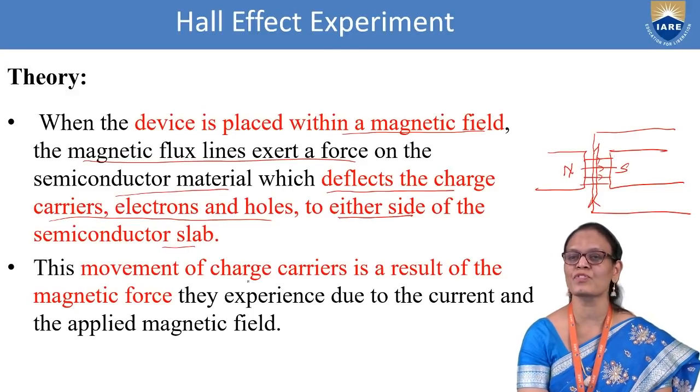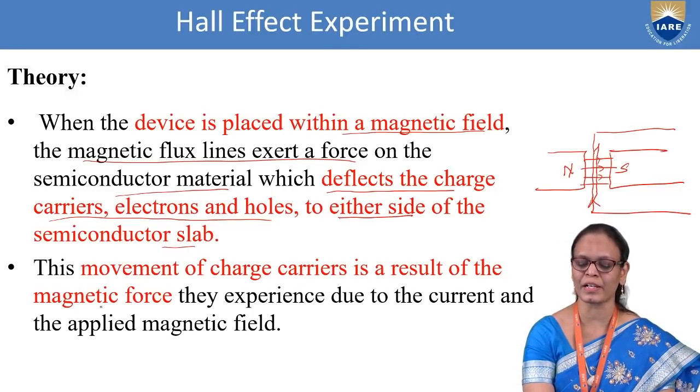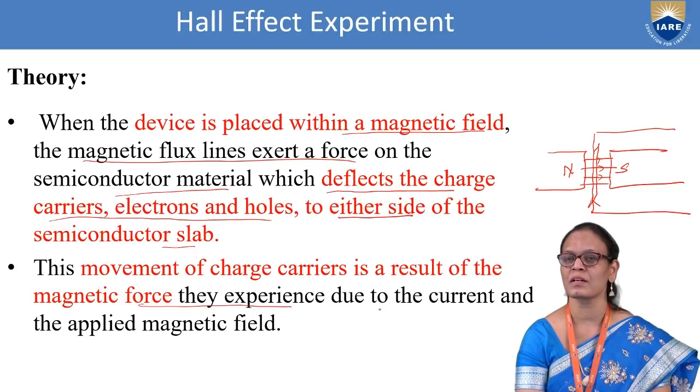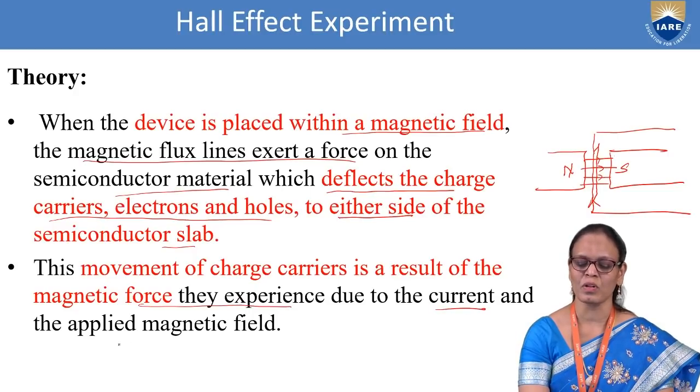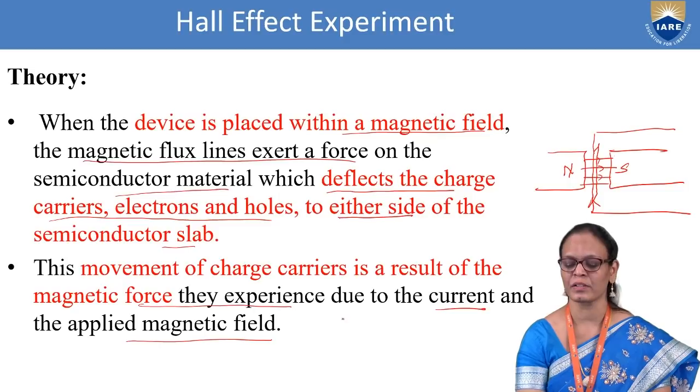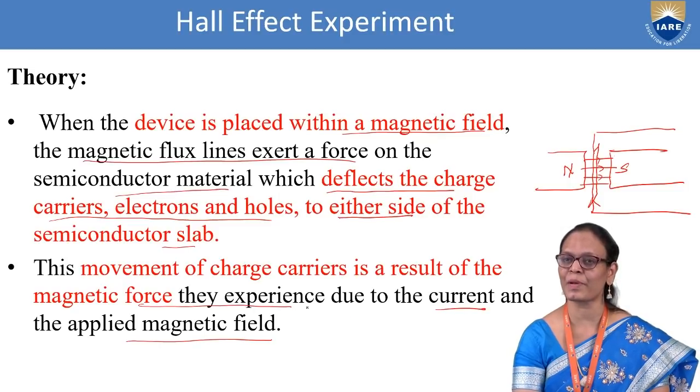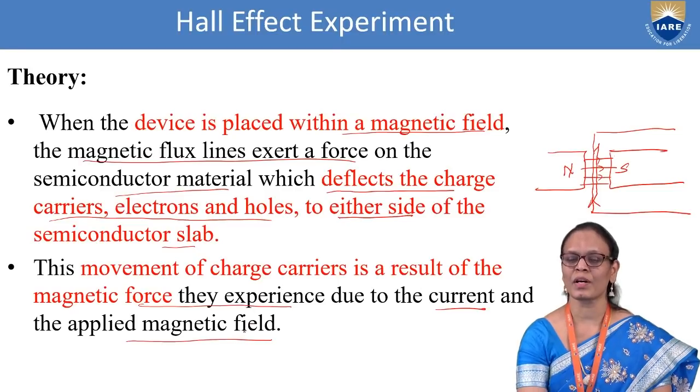This movement of charge carriers is a result of the magnetic force they experience due to the current and also due to the magnetic field. These 2 are acting perpendicular to each other. So, because of the current and the magnetic field, there is a movement in the charge carriers. They are getting deflected because of the force they experience.